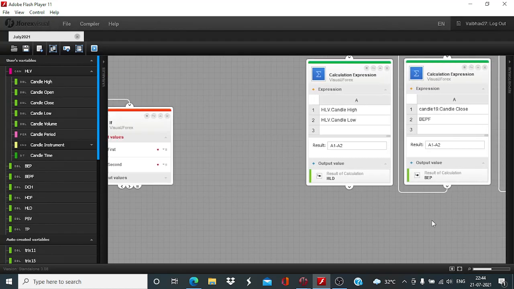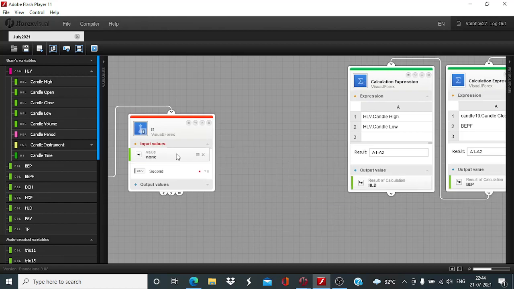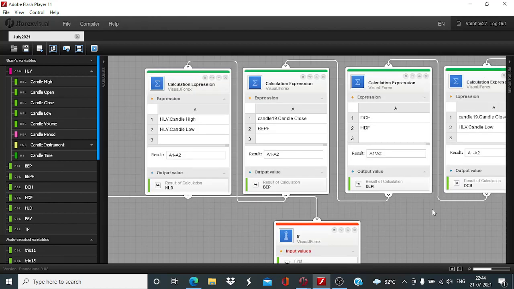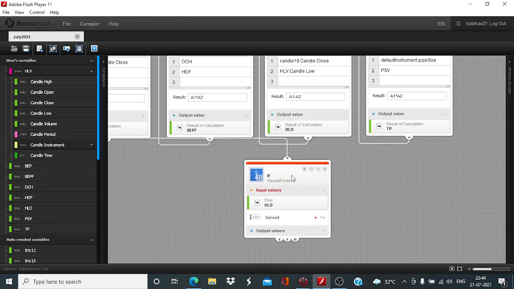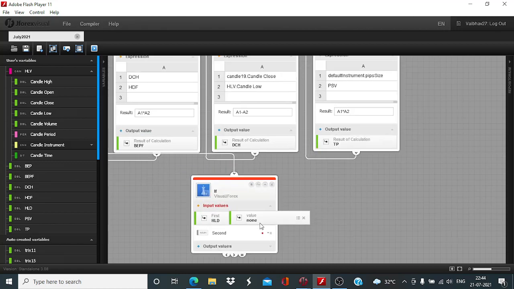Alright, and this difference needs to be greater than the 20 pips.